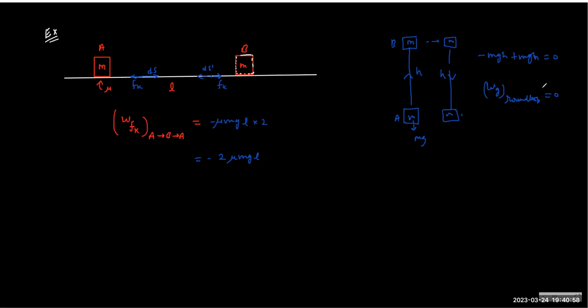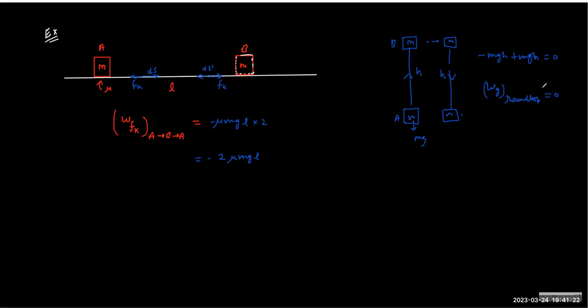So conservative forces are a category of force whose work is path independent. No matter how you reach a point, what really matters is where you started and where you ended. When the point matters, not the path you choose, we call it conservative.